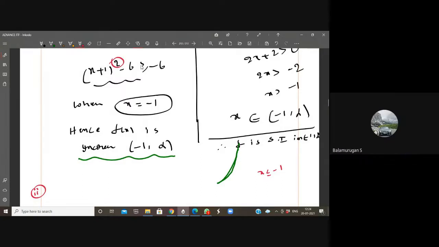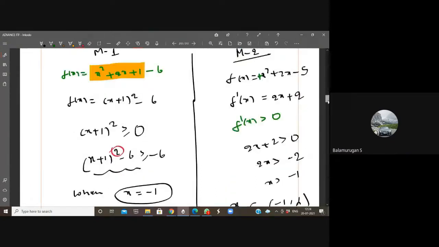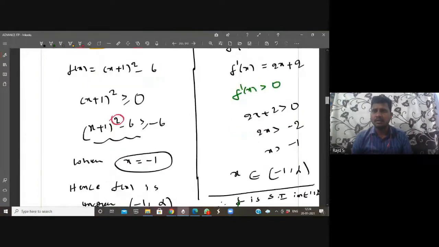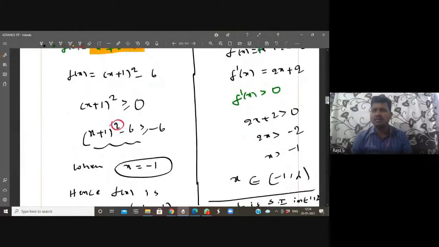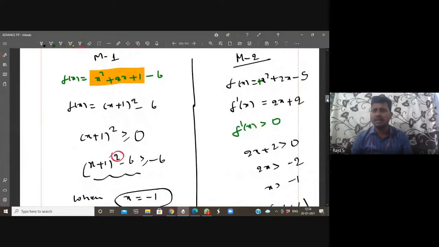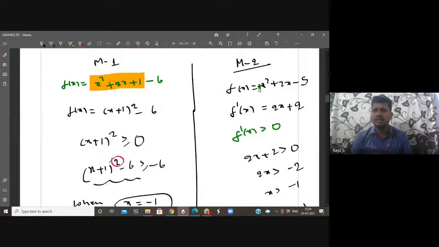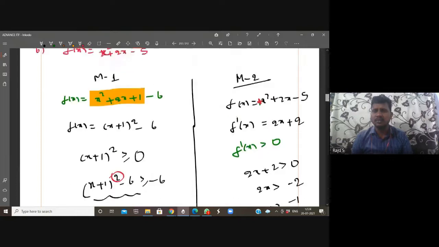So f dash of x will be negative, no, sir? We cannot consider that here. If the x square coefficient is positive, you should check increasing alone, no need to check decreasing.